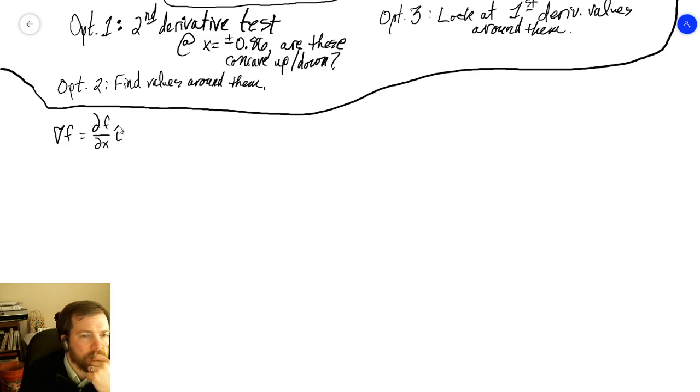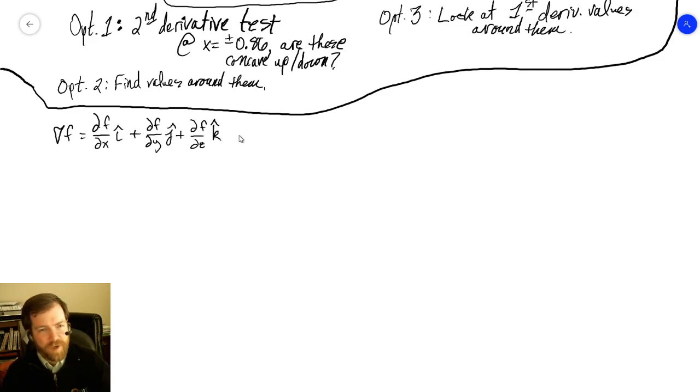So it only does it in the i direction. Plus, it's been way too long since I've done this. So yeah, don't quote me on it. I mean, what am I doing, right? I have a book right next to me. I have the entire library of the internet. Yeah, so this is gradient.